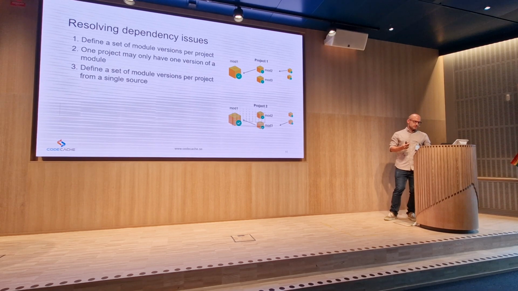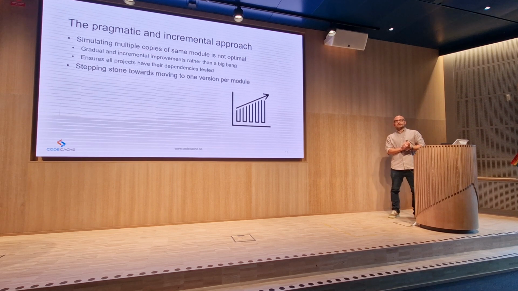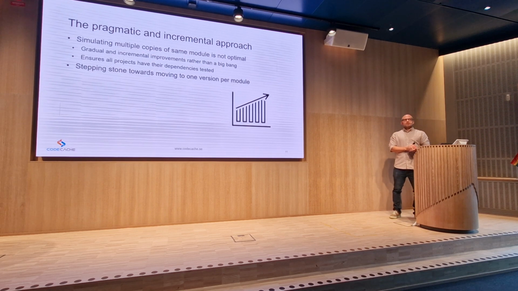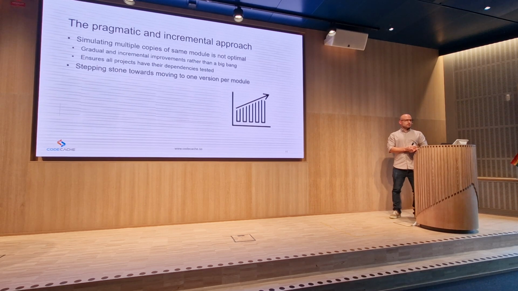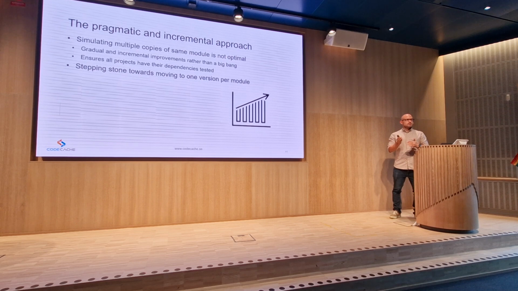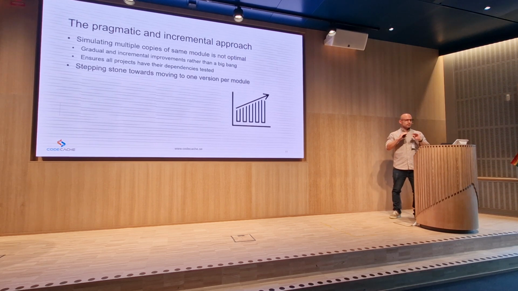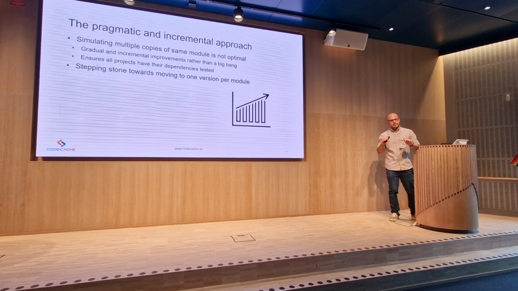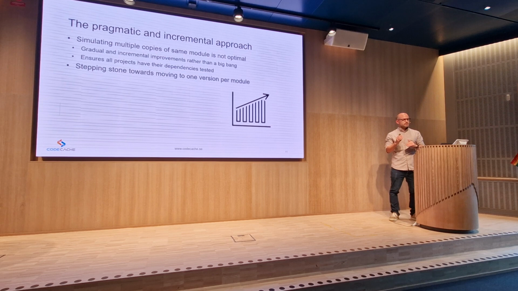Of course, some projects may depend on the same version of a module, so we may double simulate stuff. But we have decided to roll with this and be fine with it and build upon it and optimize and reduce the module versions later.